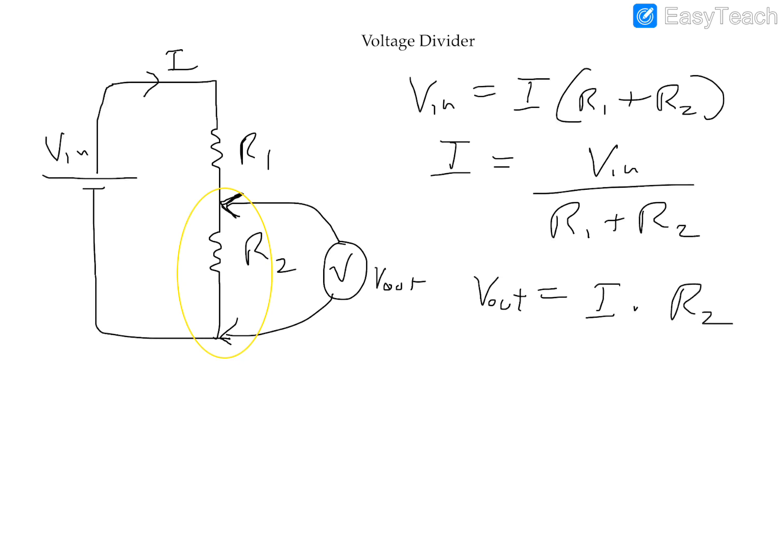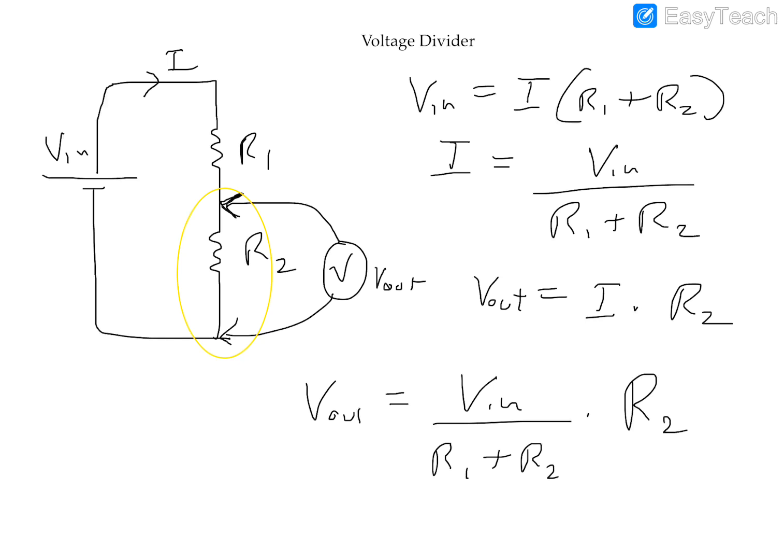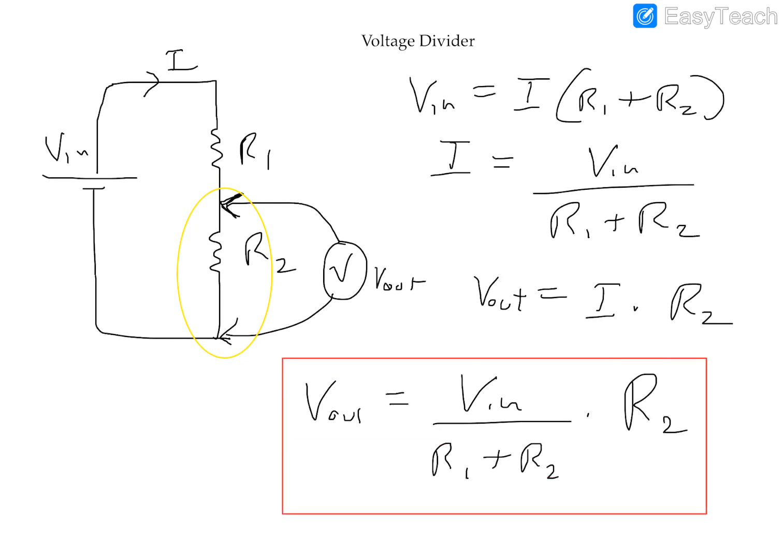And we already know the value of the current, so we get the main expression for a voltage divider circuit: the supply voltage divided by the total resistance, times the resistance of the resistor that you're measuring the voltage across. So this is our expression for a voltage divider circuit.